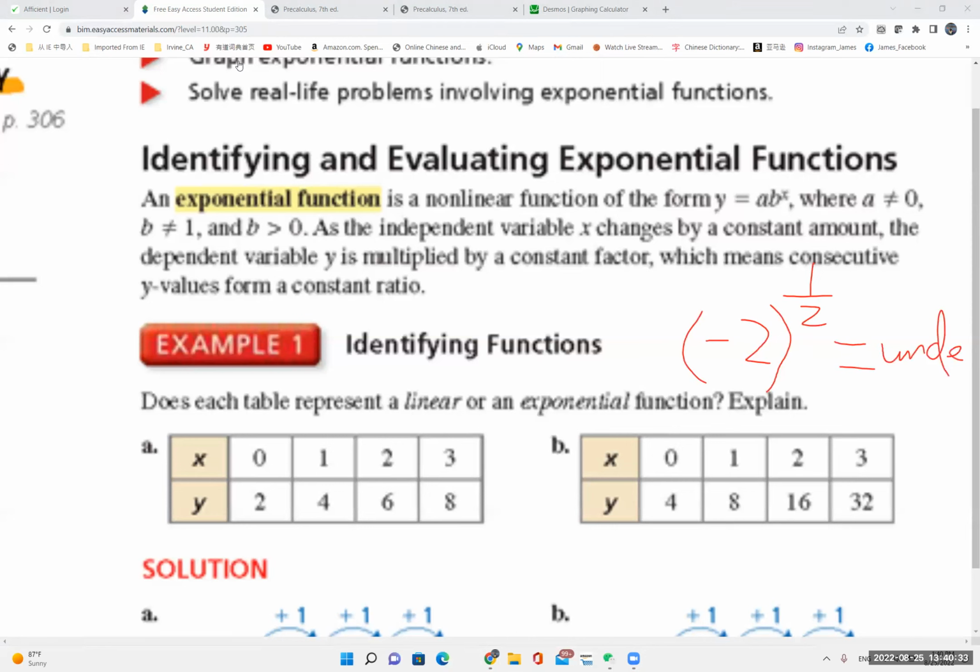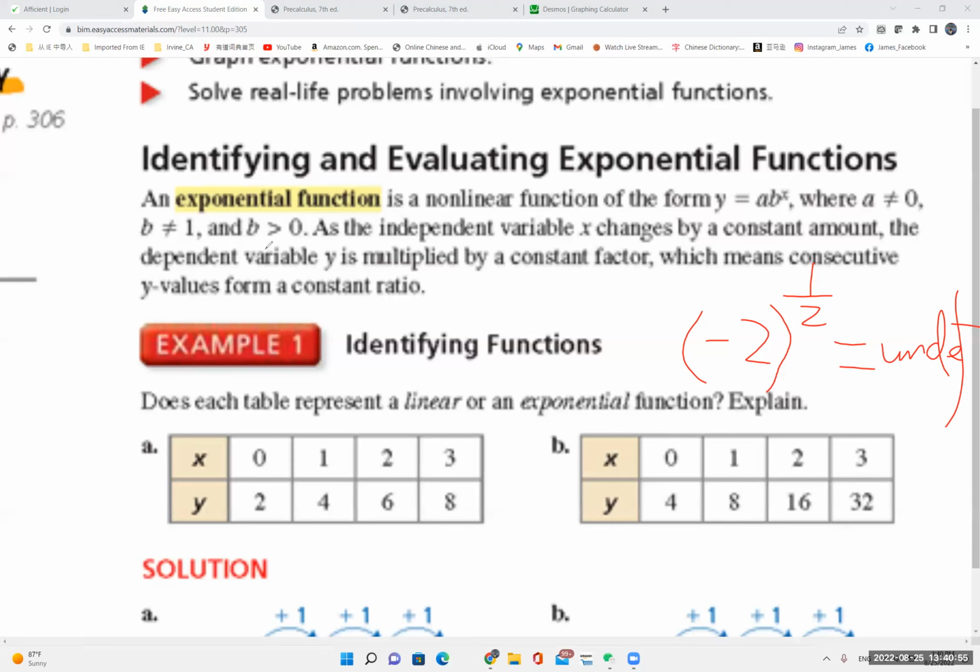Remember, it's undefined. So that's the reason we don't want to explore this kind of function or relation.